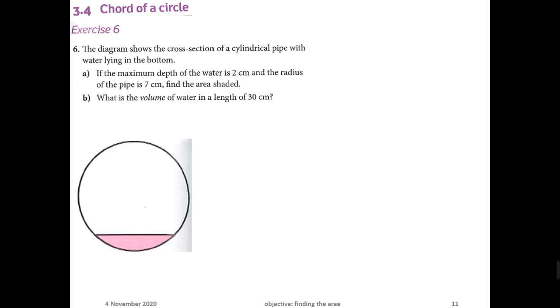We're going to use the formula of finding the area of a sector and the formula of finding the area of a triangle, once again, which is half times side 1 times side 2 times sine the angle between the two sides. And then we're going to use the formula of the volume, which is used in 3D objects only.